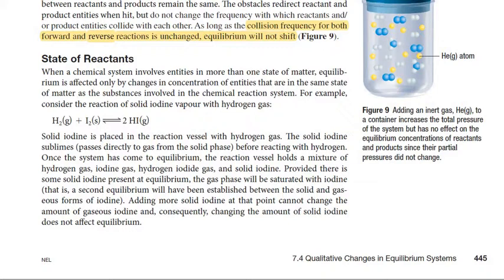Adding more solid iodine at that point cannot change the amount of gaseous iodine, and consequently changing the amount of solid iodine doesn't affect equilibrium. So as you see here, since this one is in solid state, as we increase or decrease the amount of iodine, it doesn't affect the equilibrium position. So basically, for those chemicals that are in a different state, their concentration doesn't really change the equilibrium.